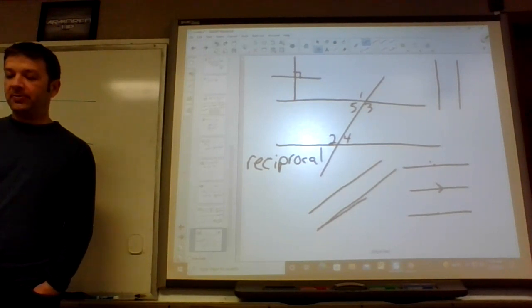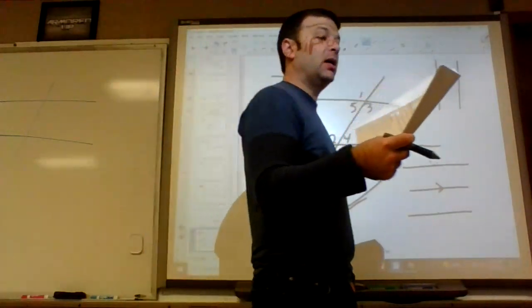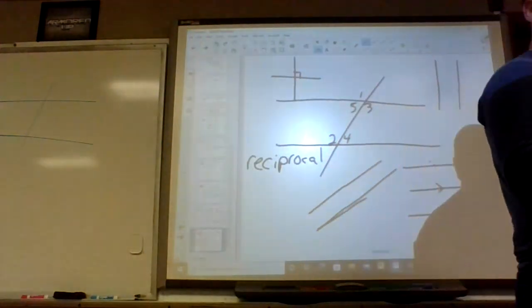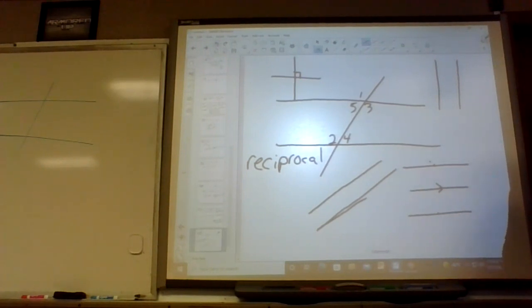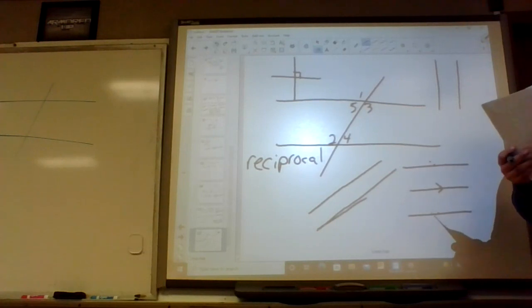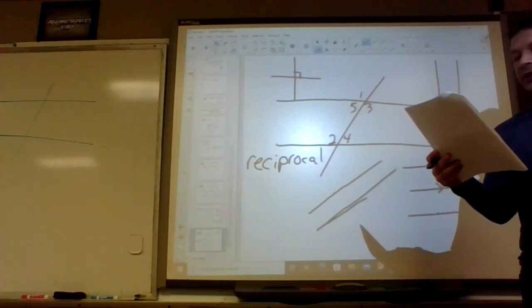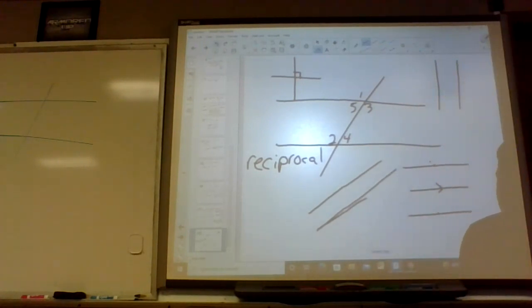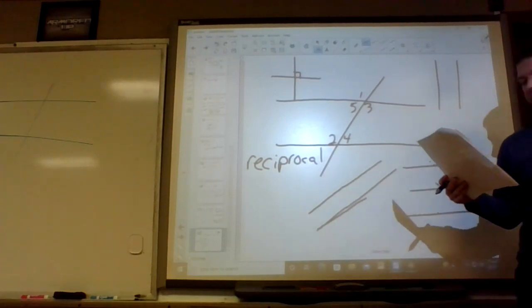Okay, we kind of already talked about 20. Jaden, you know what angle 1 and 8 are called? Exterior is part of it. Why are they alternate? Because they're on opposite sides of the transversal T. So alternate exterior angles.